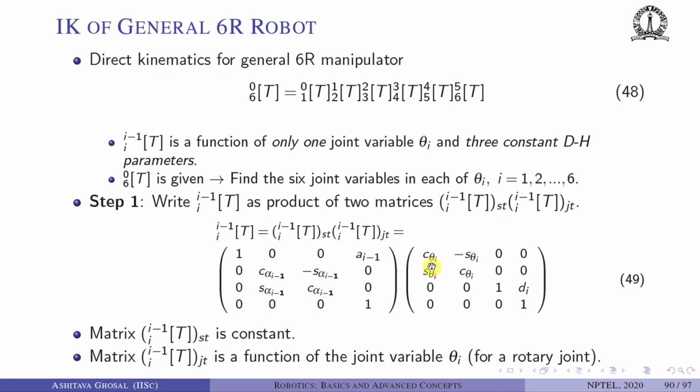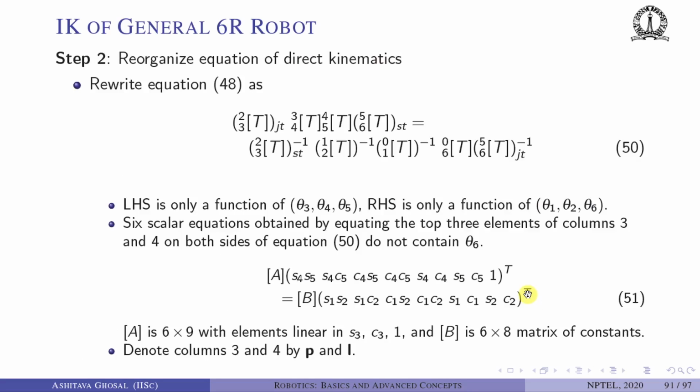And the joint part is cos theta i, minus sine theta i, and so on, and d i. So the second matrix contains the joint variables theta or d, and the first matrix contains the twist angle and the link length. You can see this is constant, whereas this is a function of the joint variable theta for a rotary joint, and if it was a prismatic joint, then you will have d. So that is step 1.